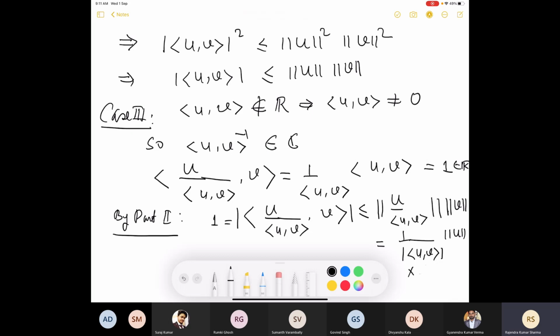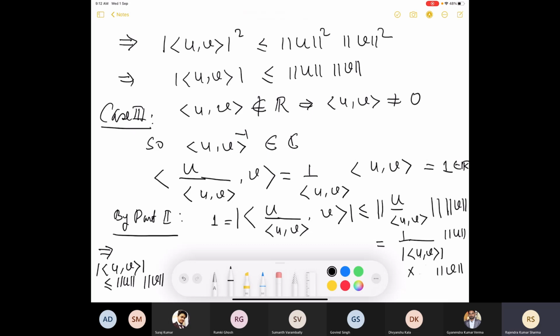You can now multiply by the absolute value of the inner product on both sides. So what we get is modulus of (u, v) less or equal to norm of u times norm of v. And that is the Cauchy-Schwarz inequality, and this is what we wanted to prove.